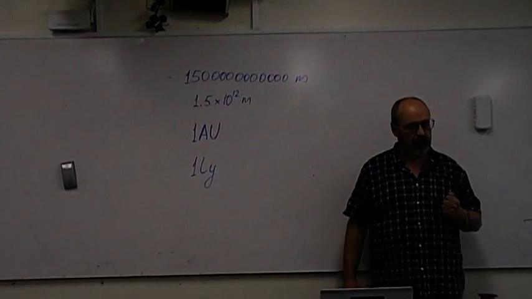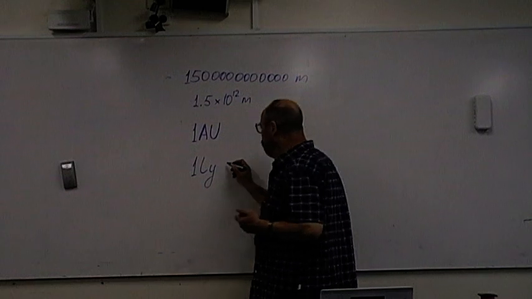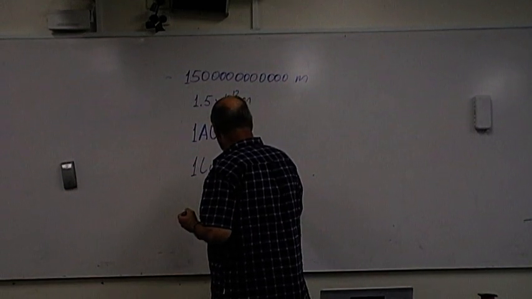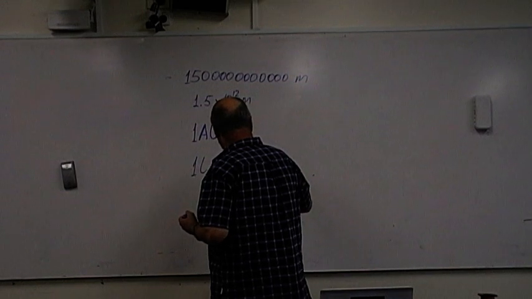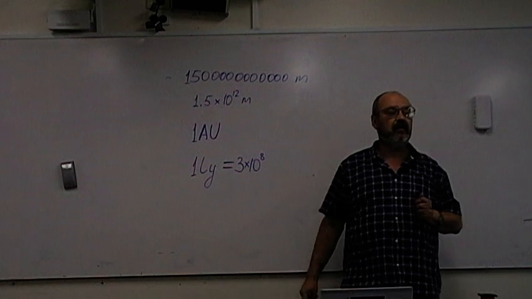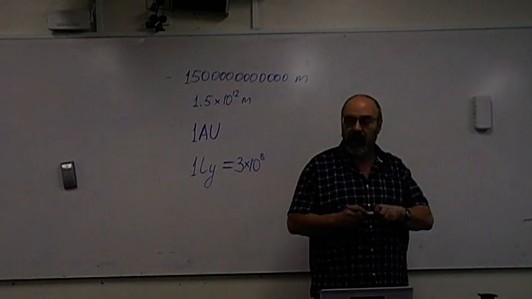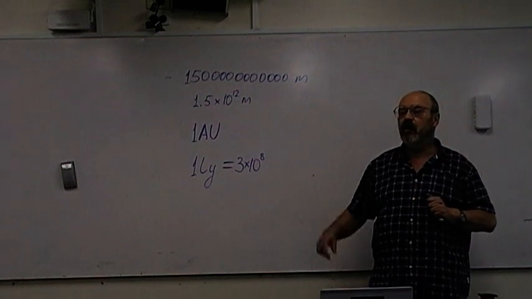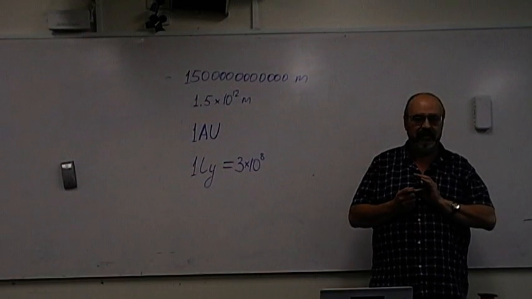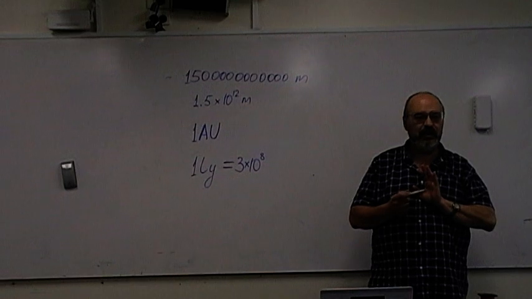How can we calculate it? The speed of light, so how far light moves in 1 second, is 3 times 10 to the power of 8 meters per second. Who knows what is the Earth's circumference on the equator? Anybody know?